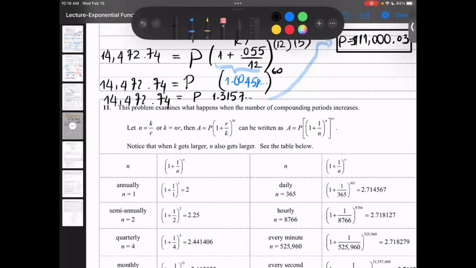Like pi, what is the definition of pi? Don't write this down. If I ask you to define pi, you would say, no, that's an approximation. You would say it's the ratio between the circumference of a circle and its diameter, right? Because you have C equals 2 pi r.